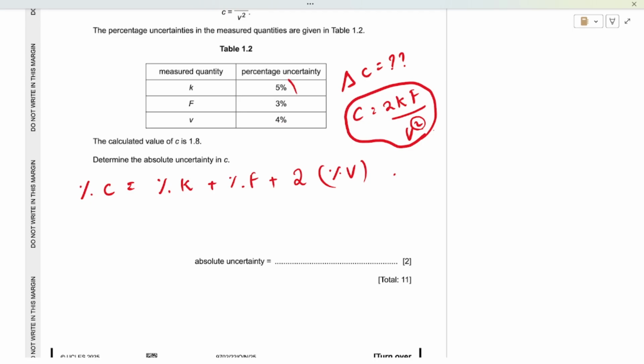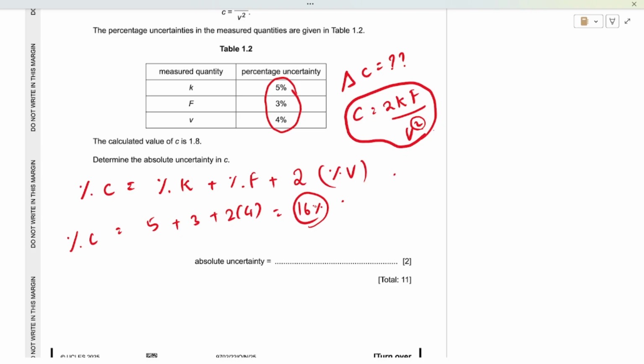They have given all three percentage uncertainty values. So percentage uncertainty of C is equal to 5 plus 3 plus 2 times 4, which will be equal to 16%. But we need to find the absolute uncertainty.